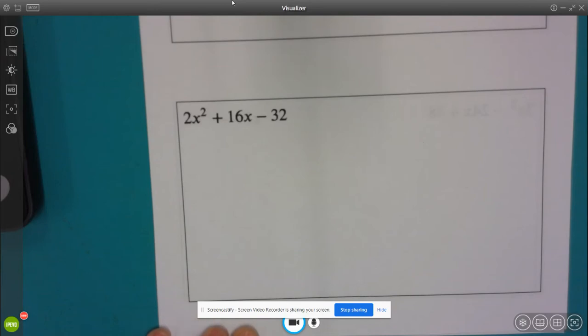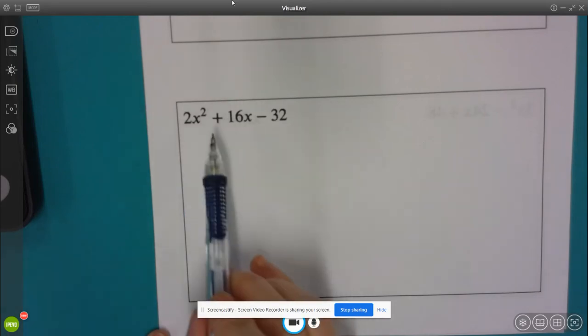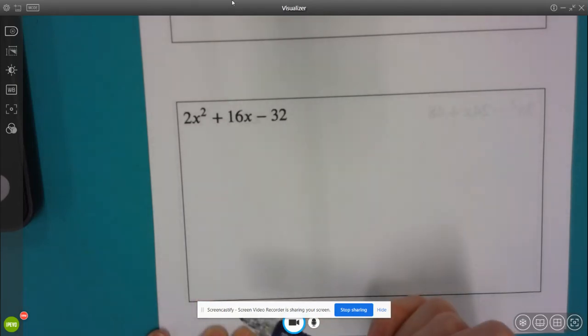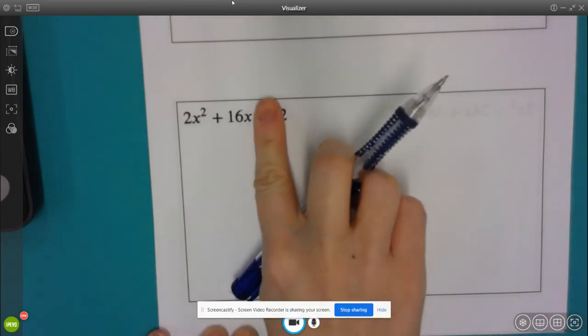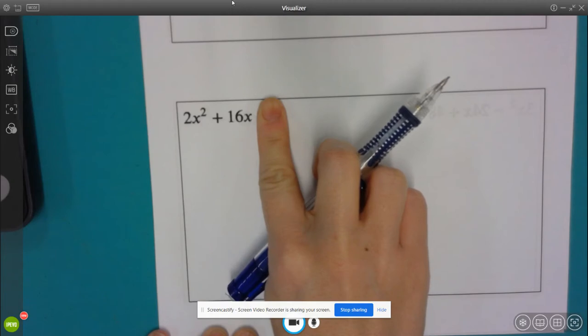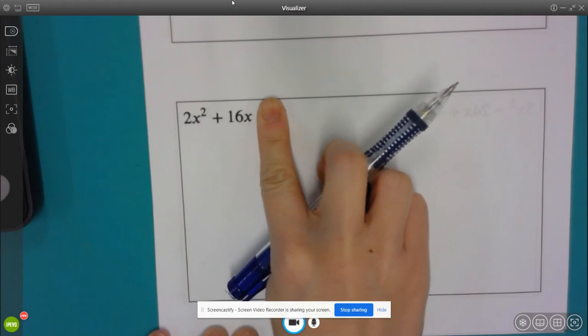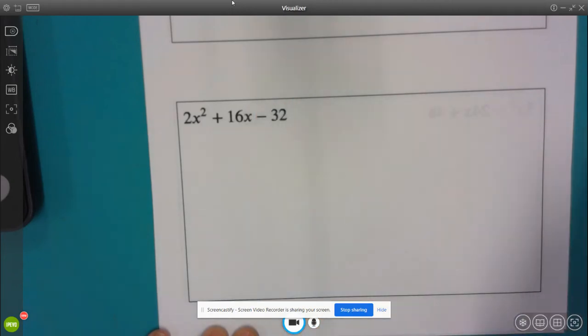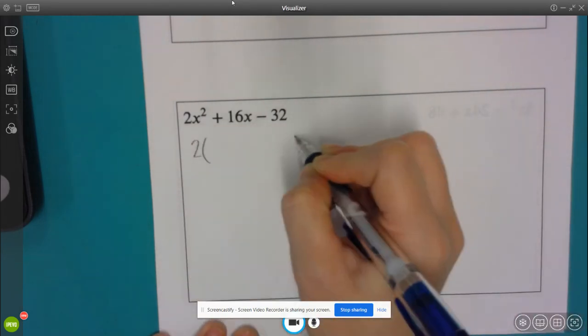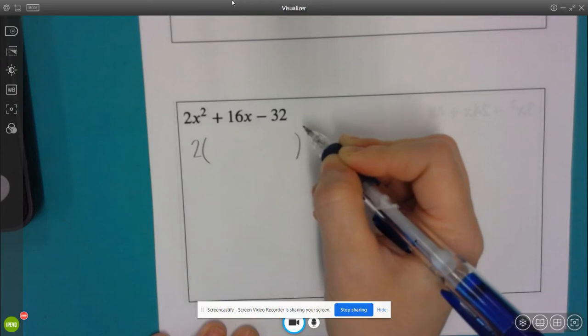Now this is where it's a little bit different than completing the square because I'm using all three terms when I go to the box. In completing the square, we only used our first two terms with the x's. So we only factored out the common factor from those two values. But because I'm using all three terms, I'm factoring the 2 out of every single term.